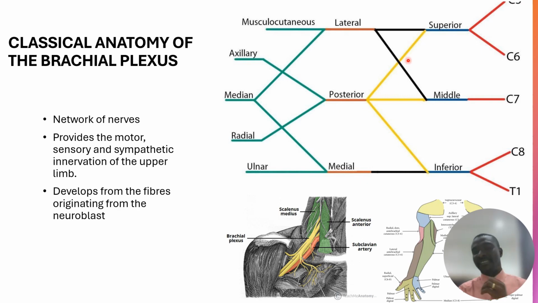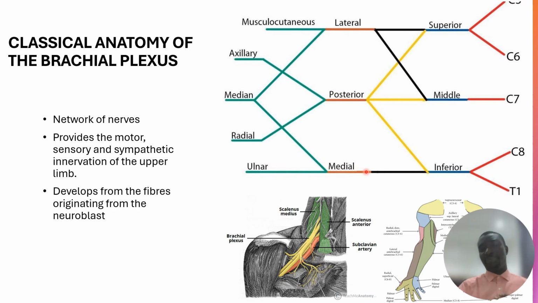Then the anterior divisions of the superior and the middle trunk form the lateral cord, while the anterior division of the inferior trunk forms the medial cord. And then these cords, from their names, lateral, posterior, and medial cord, show the relationship they have with the axillary artery and their position with the axillary artery as they are found in the axilla.